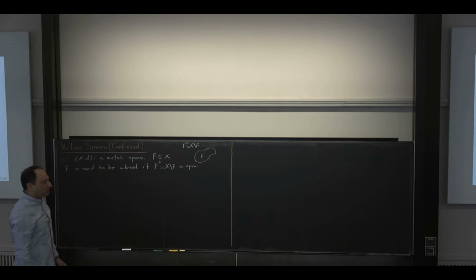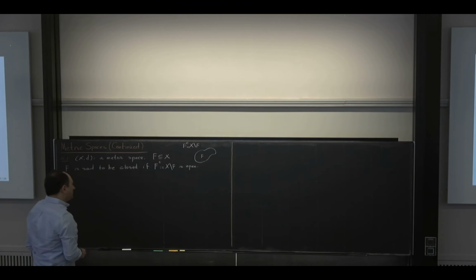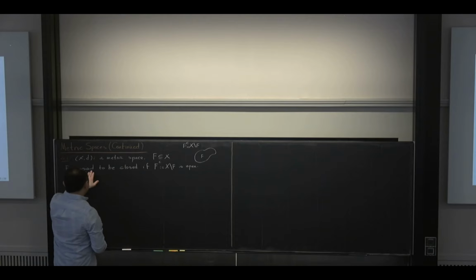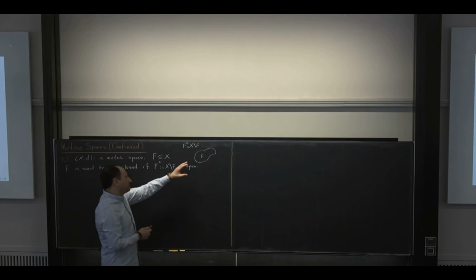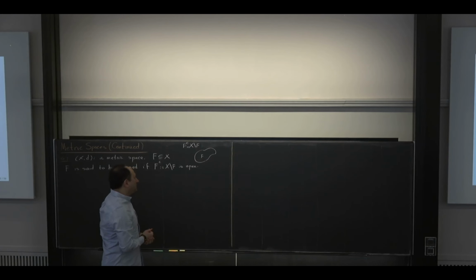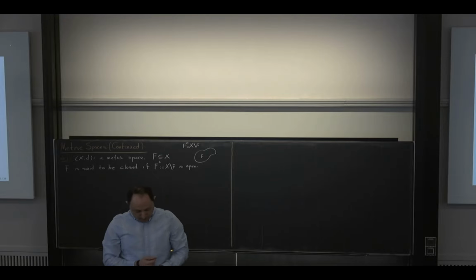So somehow, closedness is also defined in terms of openness. Yes, we say that a set is closed if its complement is open. That's the definition. And I try to make this understandable a little bit by drawing the picture. But at the end, this is the definition you have to see.